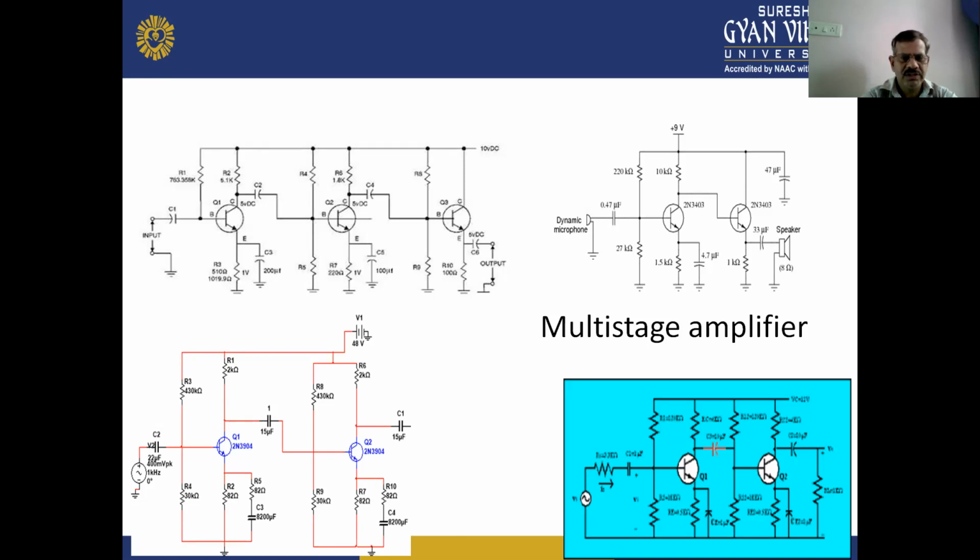The first circuit diagram shows the three-stage multi-stage amplifier with capacitor coupling, the second one is the two-stage direct coupled amplifier, the third one is the two-stage capacitor coupled amplifier, and the fourth one is the two-stage amplifier coupled by the capacitor. So these are the different multi-stage amplifiers.